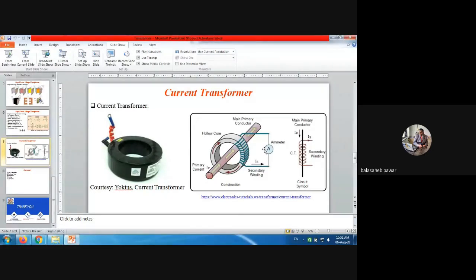But only to step down, this is not the application of that step down transformer. Similarly, whatever CT we just discussed, it is not only to step down the current. I have to measure the current, how much current is flowing through that conductor or primary. So my question is, can we call these two devices a sensor?